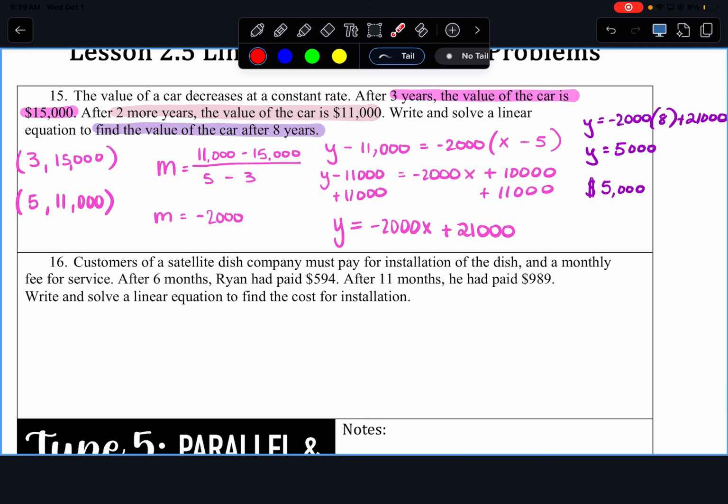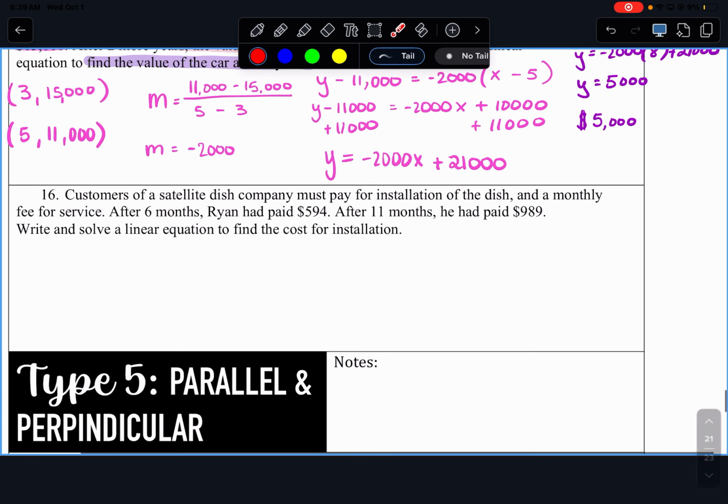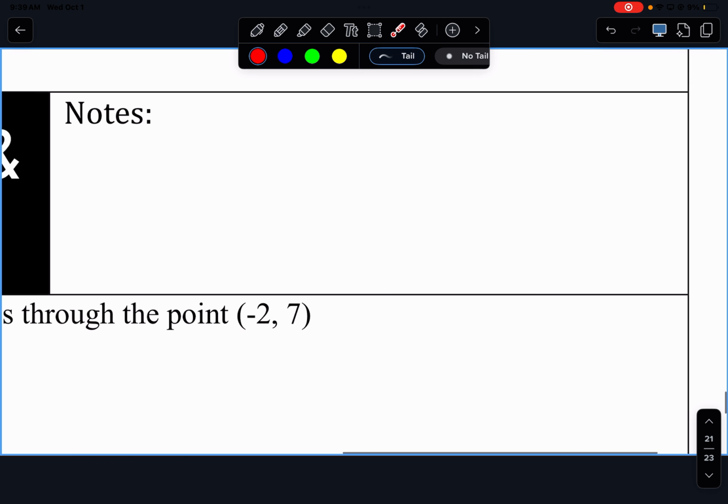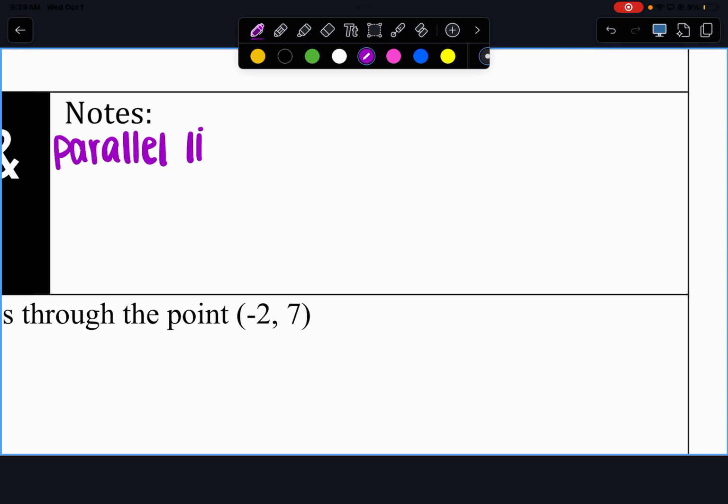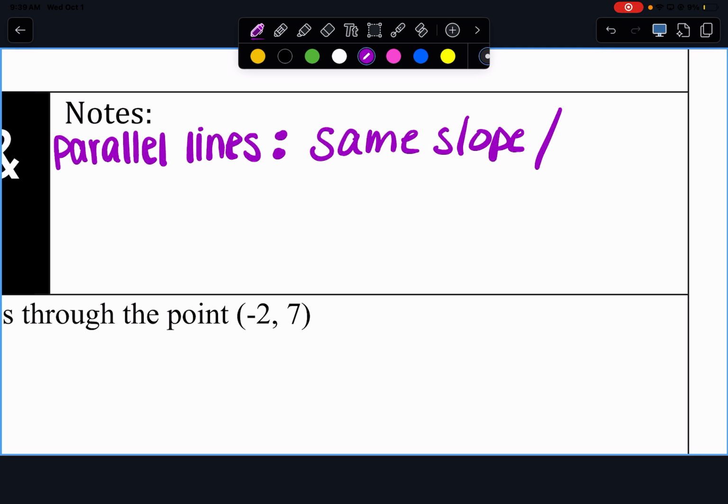All right, so parallel and perpendicular. If you have parallel lines, what are their slopes? Parallel lines. They are equal to each other. They are the same slopes. Same slopes or equal. Okay?